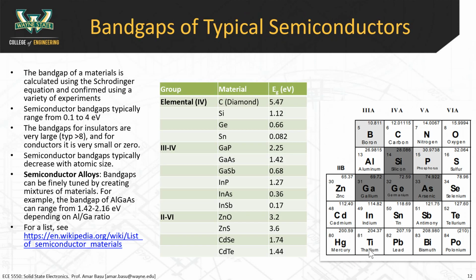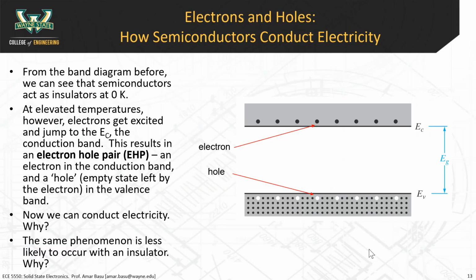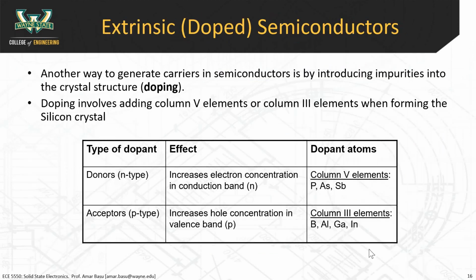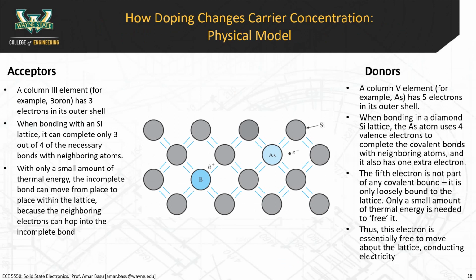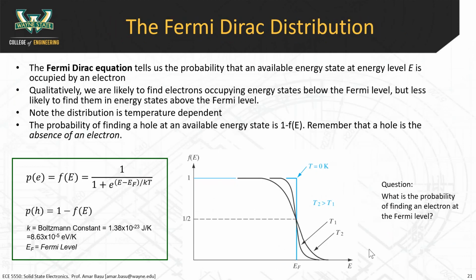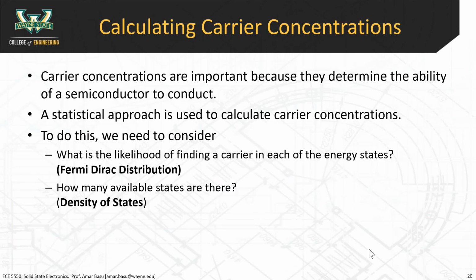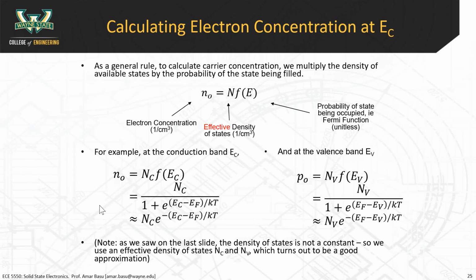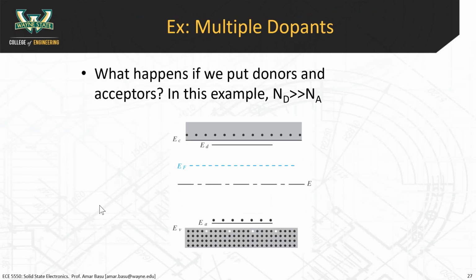We got into the band gaps. We talked about electrons and holes, the two different types of charge carriers. We talked about intrinsic and extrinsic semiconductors and what the hole and electron concentrations are in both of those cases. So in order to calculate carrier concentrations, we first talked about the Fermi-Dirac distribution, and then we talked about the density of states, and then we brought those two concepts together and we found some relatively simple relationships for calculating the electron and hole concentration.